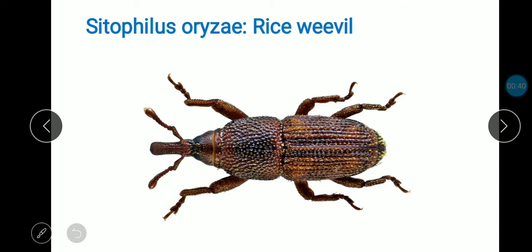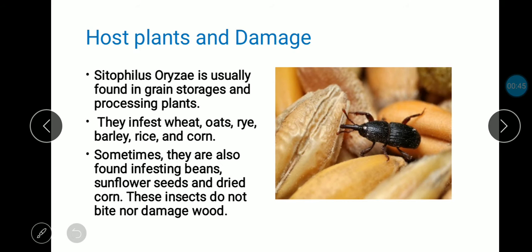We will study the next points, that is host plants or grains and damage. Sitophilus oryzae is usually found in grain storages and processing plants. They infest wheat, oat, rye, barley, rice, corn, etc. These are infested by this insect.